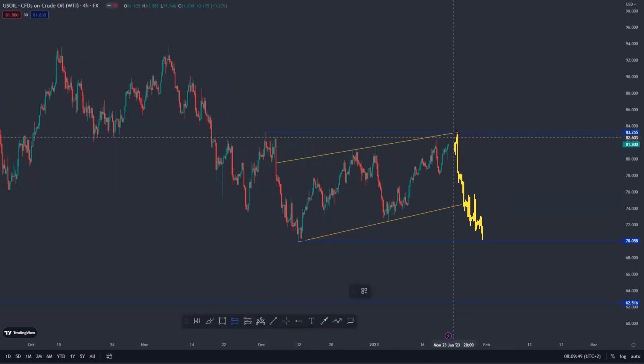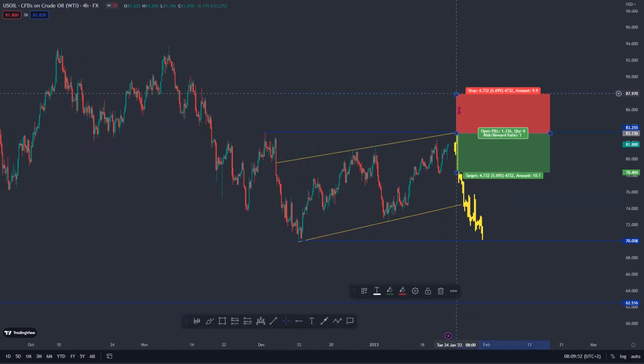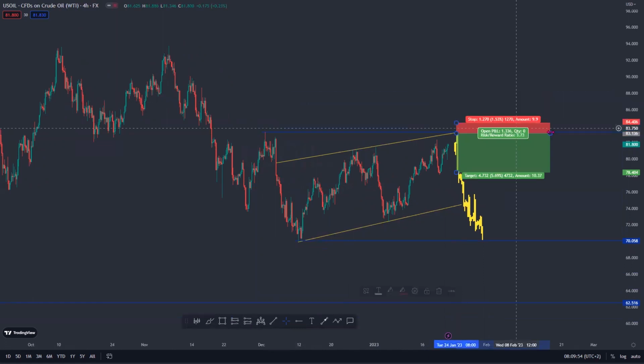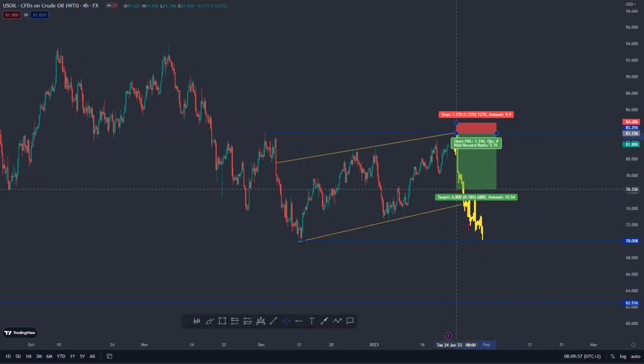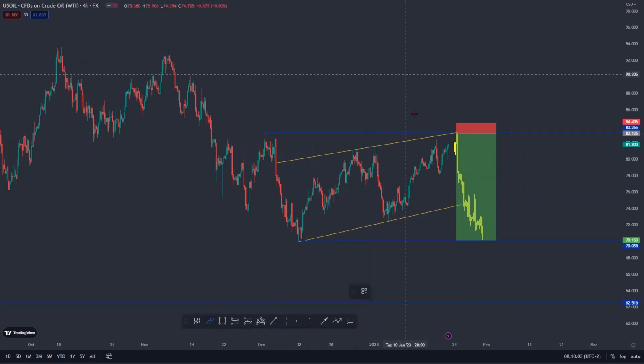And again, you have to be patient. When the market is at your third touch, you don't just enter on a third touch. Wait for the market to give you a push, and you take the first correction to the downside.